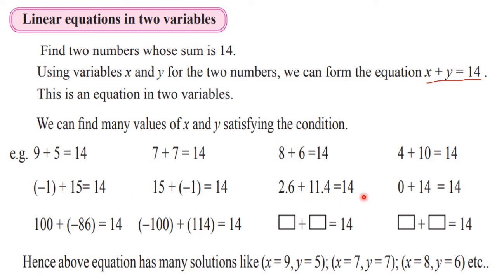You can see we are also getting decimal values. 0 plus 14 is 14. So many are there. Similarly, you can write more pairs here. So if we take one equation in two variables with the condition, we have infinitely many values which satisfy the given equation.